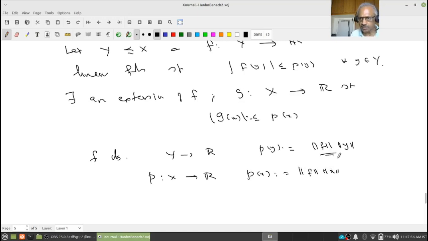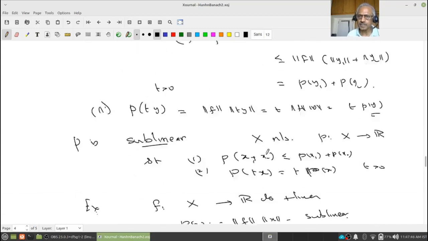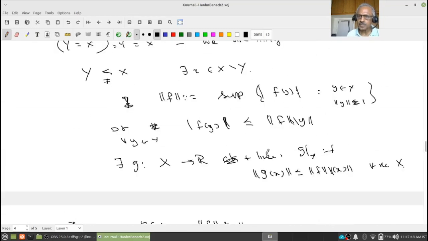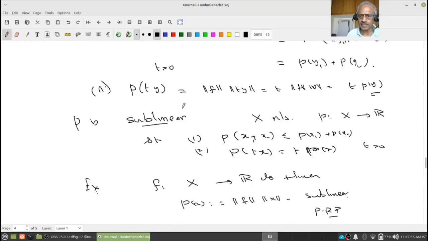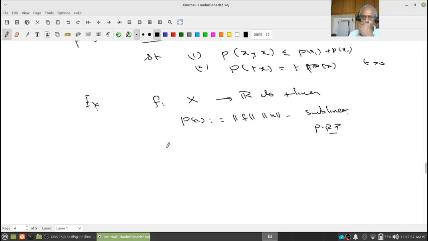Notice that this norm of f is only the operator norm of f as a linear function from Y to R. Therefore this norm of f I already defined this way, only with respect to Y. Remember that.